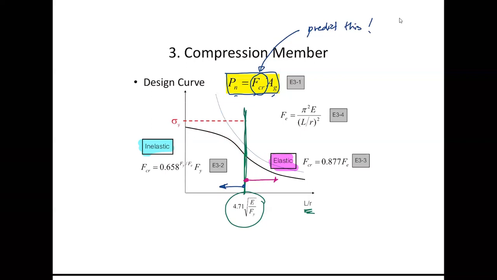Okay. Now, when we are going to predict this based on the elastic buckling stress, see that? That's pi square E over L over r square. And please keep in mind, just look at the formula. Some guys will forget the square term and things like that. It's very, very sad.